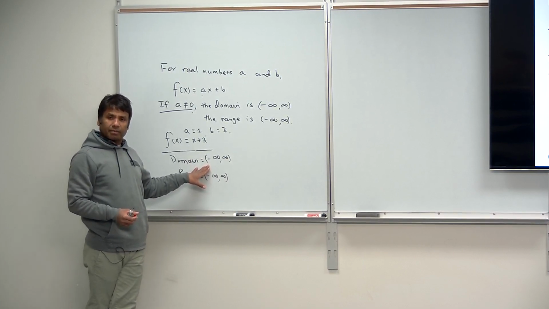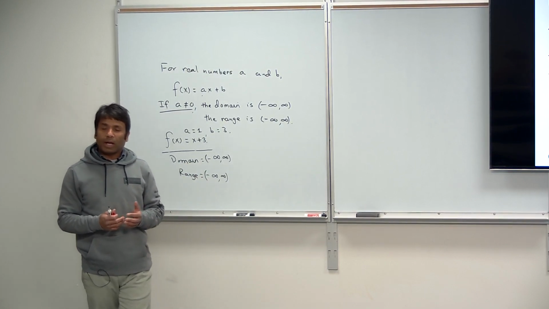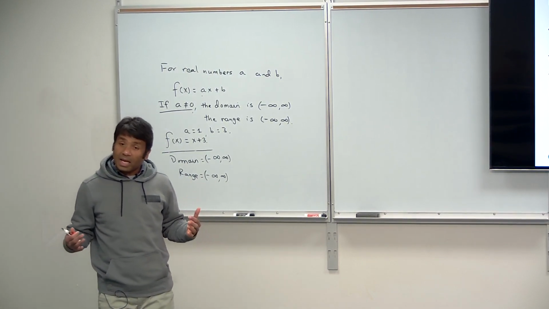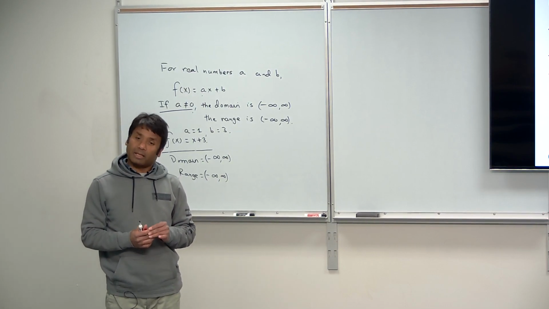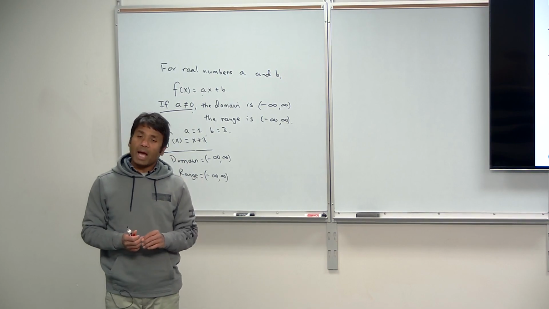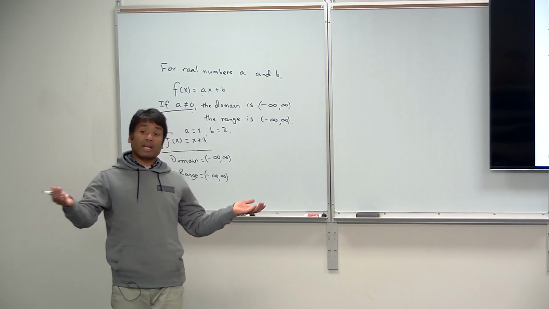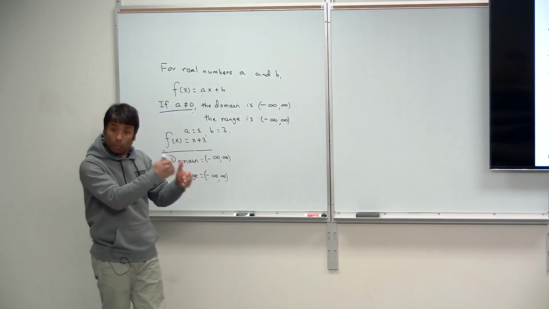That makes sense? So in the domain, you can have any real numbers because domain is the set of values of x, right? And when the input is a real number, then your output is also what? It can be any real number. It depends upon what your input is, right?